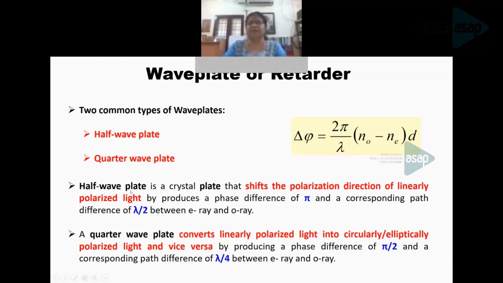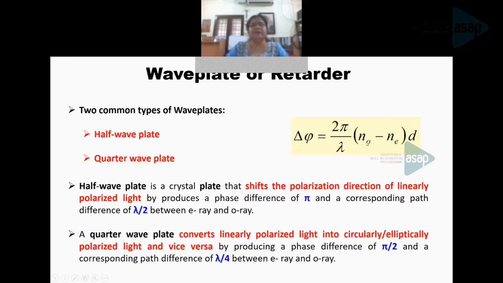So actually half wave plate shifts the polarization direction, whereas quarter wave plate converts a polarization into a different state of polarization. And the phase difference between the O ray and E ray can be calculated like this. 2 pi by lambda into path difference is the equation for phase difference.